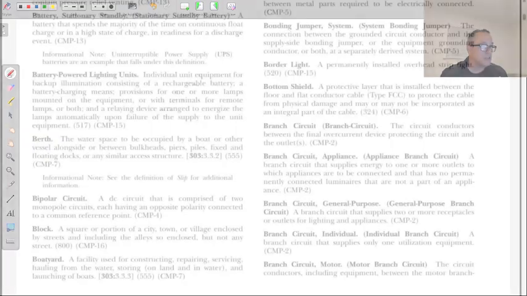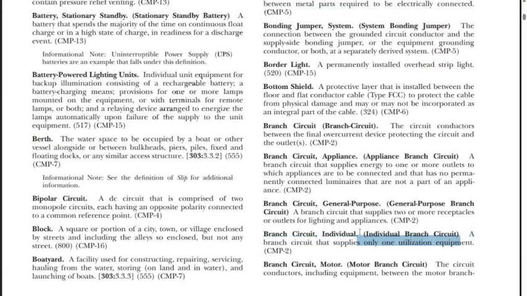Some of them, like the next one, individual branch circuits, a branch circuit that supplies only one utilization equipment. You'll see this word used throughout the code book. This is a way to reference things like the central air conditioning unit, or if you were talking about a restaurant, refrigeration units.